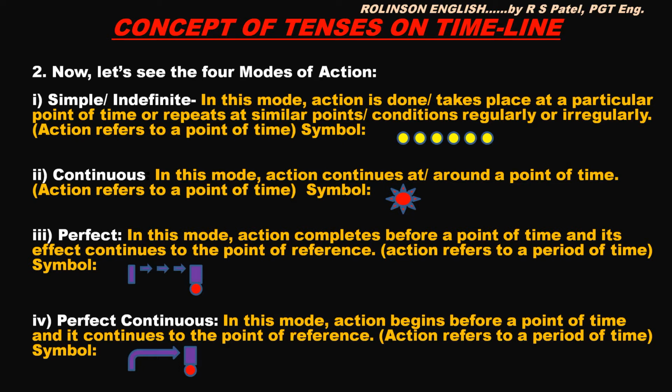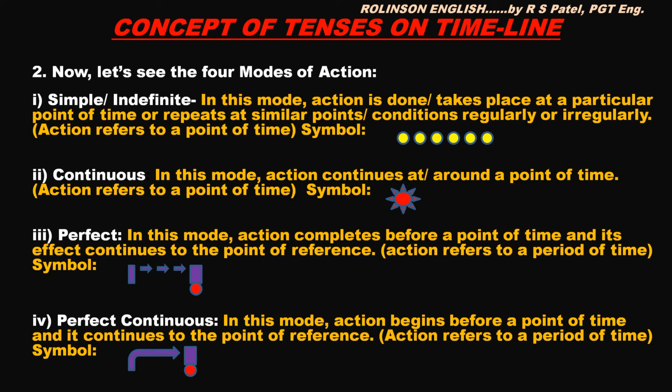Try to understand these modes. Actually, these modes are the 4 manners, 4 ways in which an action expressed by a sentence can take place in real life. The first one is the simple or indefinite mode.